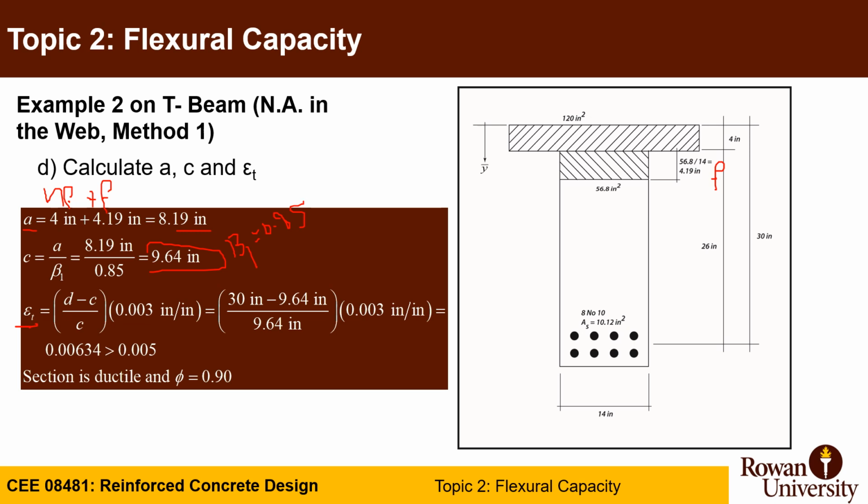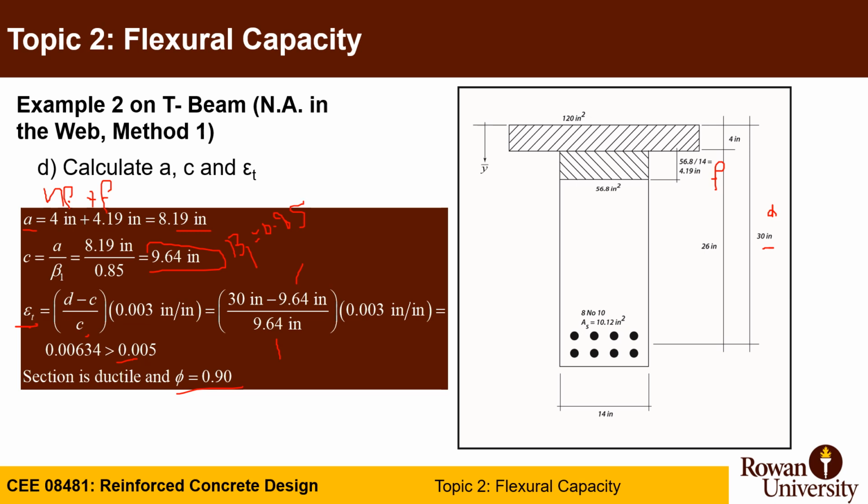Epsilon T, strain in tensile reinforcement, is D minus C divided by C times 0.003. This will give you 30, which is the depth here, minus C, which is 9.64, divided by C, 9.64, times 0.003. It gives you 0.00634, more than 0.005. Section is ductile, and phi is 0.9.